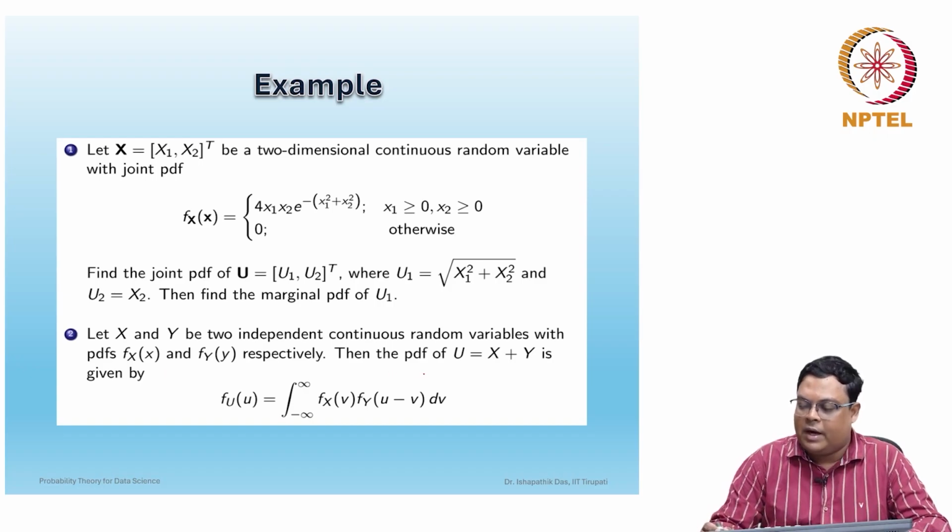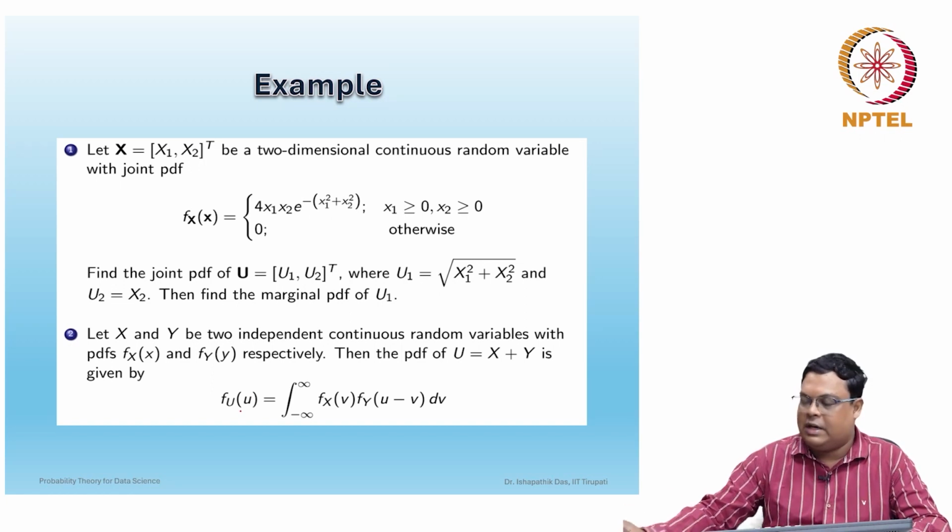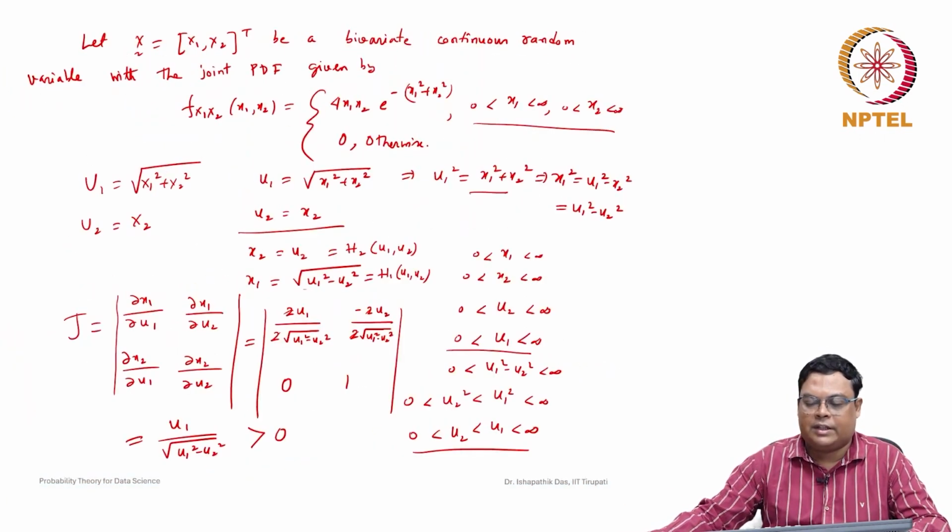Then the probability density function of U equal to X plus Y is given by this formula. So let us write this down, then we will see how it comes.